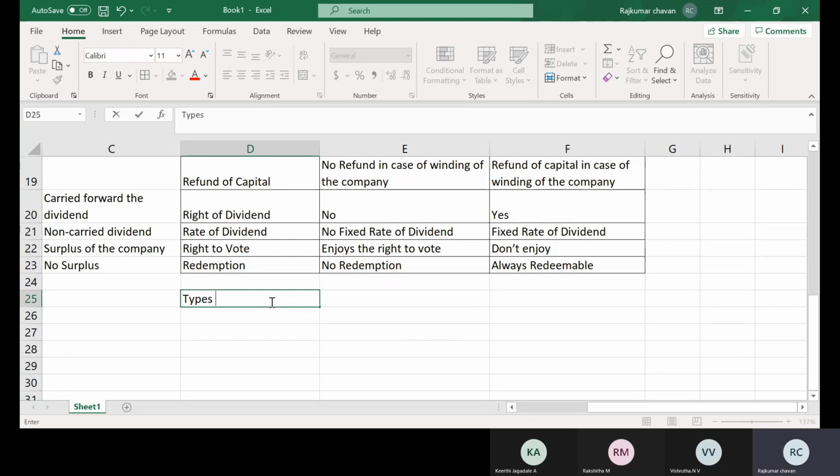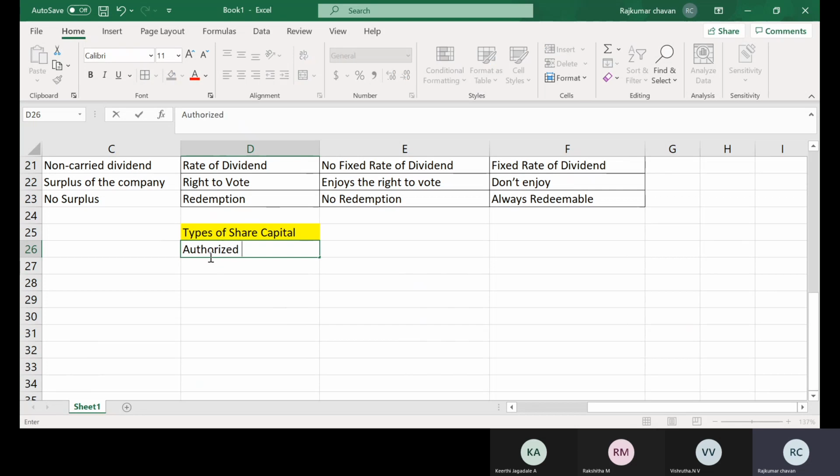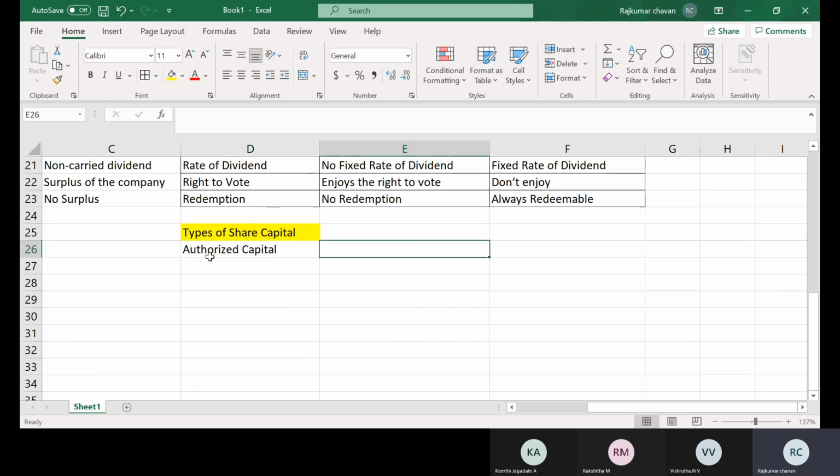Types of share capital. What are the types of share capital we usually see in a company? First one is authorized capital.